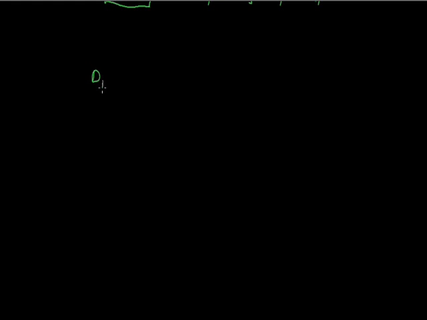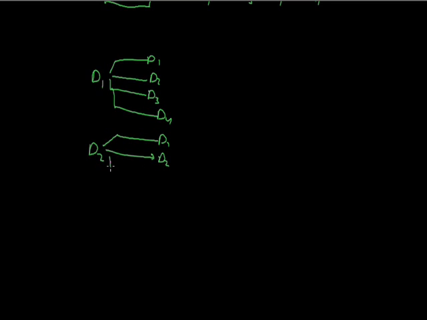Enters with D1, exits with D1, D2, D3 or D4. Similarly, enters with D2, exits with D1, D2, D3 or D4. There are another 4 ways each by D3 and D4. So here we can say there are a total of 16 ways.